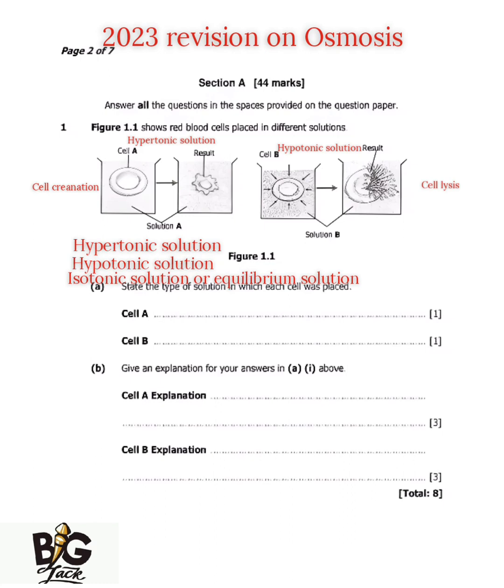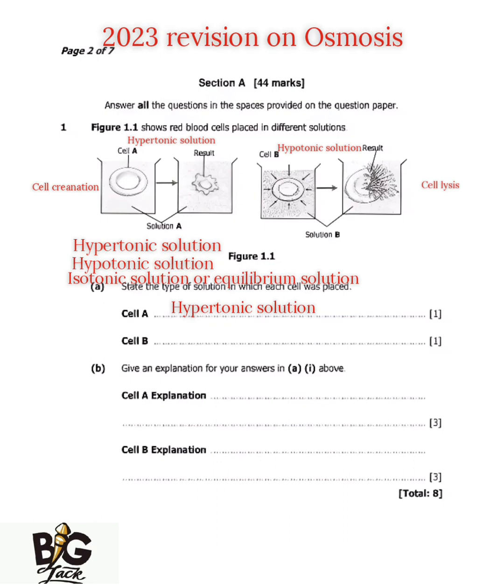Question A says, state the type of solution in which each cell was placed. Cell A was placed in a hypertonic solution. When a red blood cell is placed in a hypertonic solution, it loses water by osmosis, and if it continues losing water, it undergoes crenation.